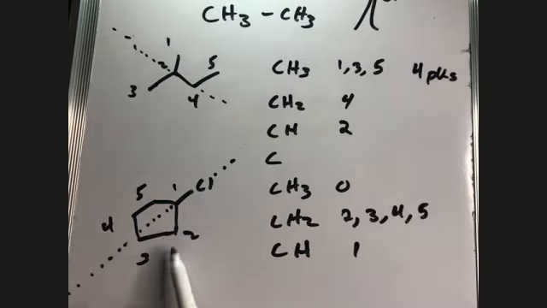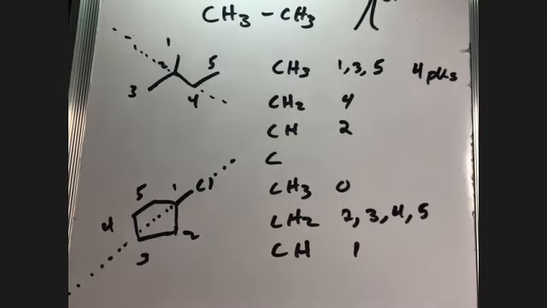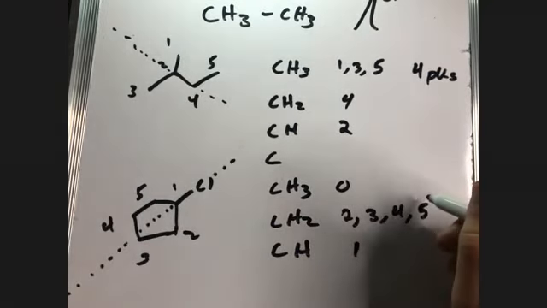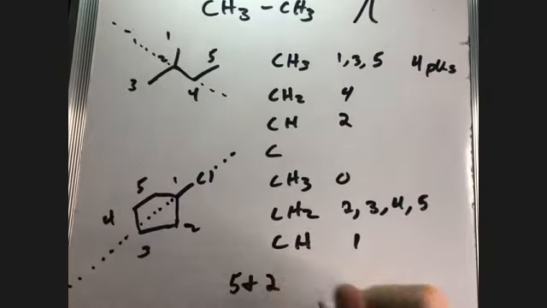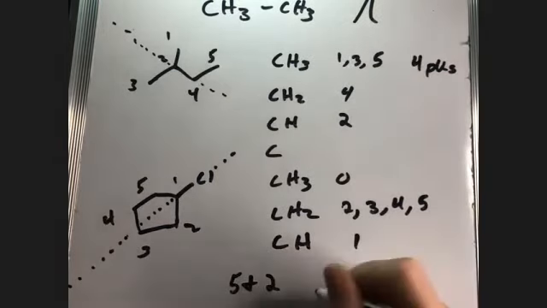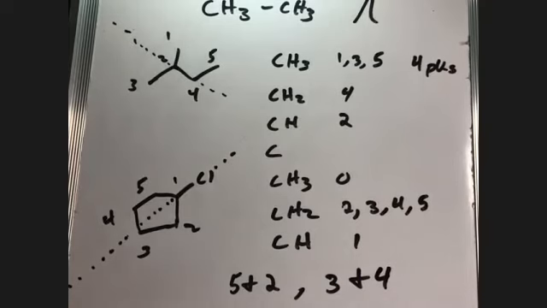Carbon 2 is bound to 2 hydrogens, another carbon, and the carbon that's bound to the Cl. You'll notice those are the same. So carbon 5 and 2 are equivalent. So I just have to rewrite. So 5 and 2 are the same. And then 3 and 4 are the same. So the total number of distinct hydrogens is 3.